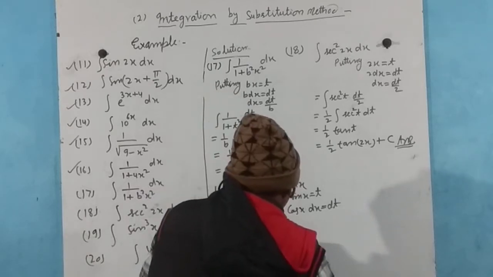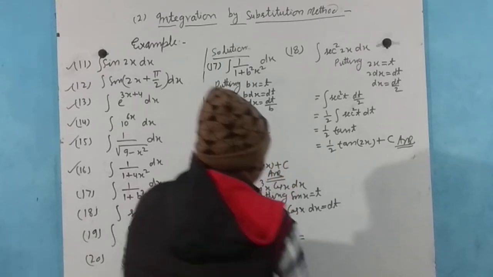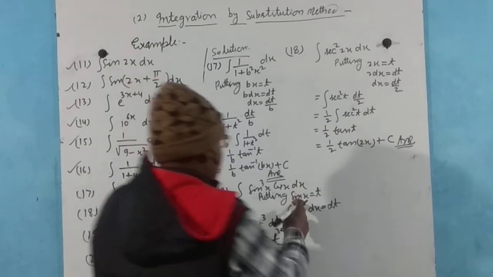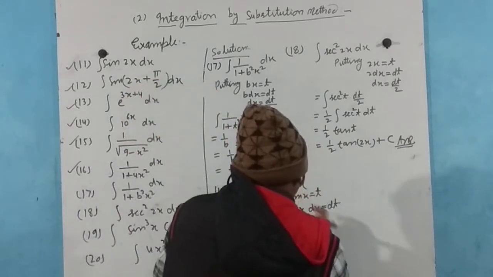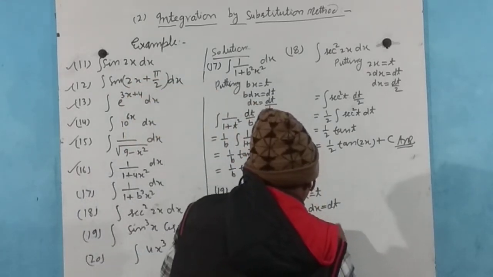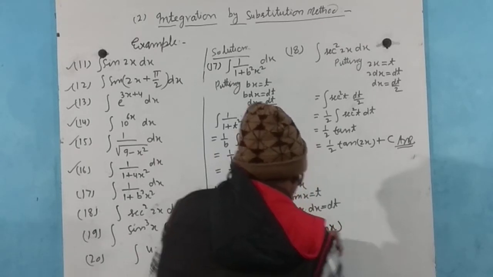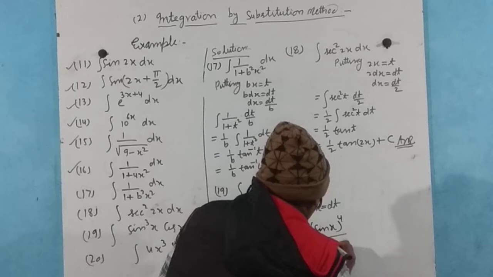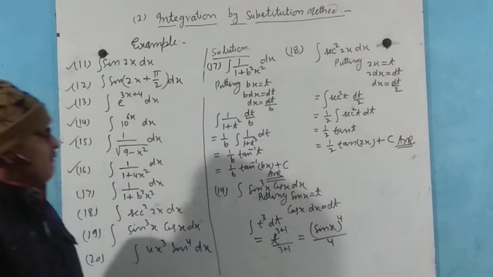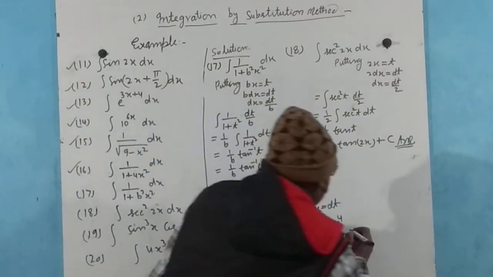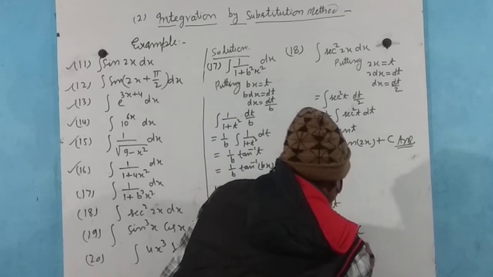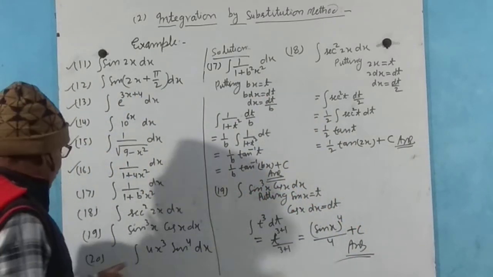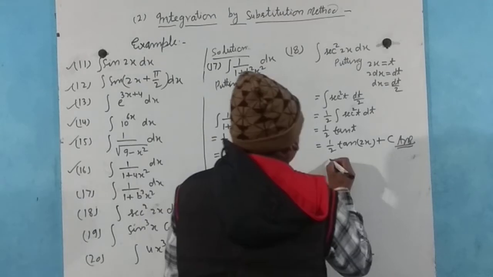Putting the value of t equal to sin x, so that sin x to the power 4 divided by 4 plus integrating constant c here. This is the answer. Now question number 20.